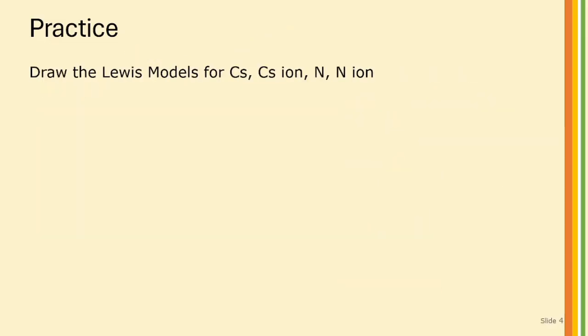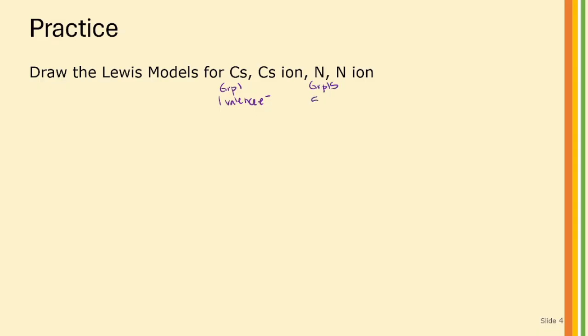In the second question, it's asking me to draw Lewis models for cesium, cesium ion, nitrogen, nitrogen ion. And actually the ions are fairly helpful in this case because once I see it, it's very easy to see what it's going to do as a predictable ion. Cesium is group 1. So that means it's going to have 1 valence electron. Nitrogen is group 15.